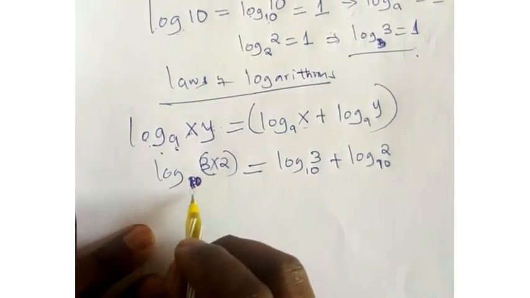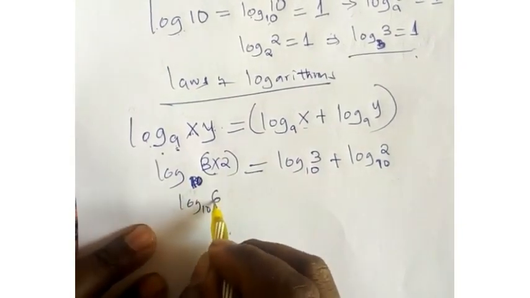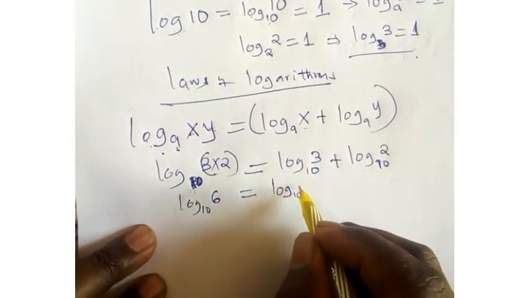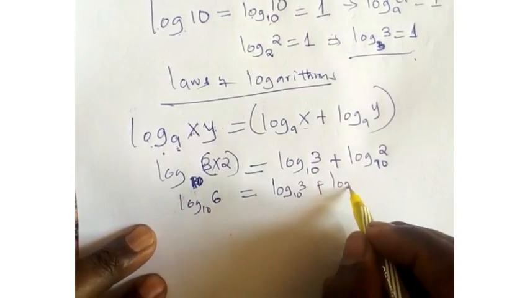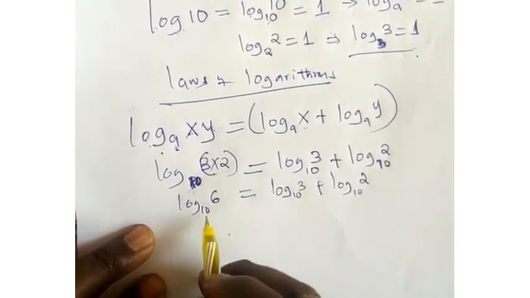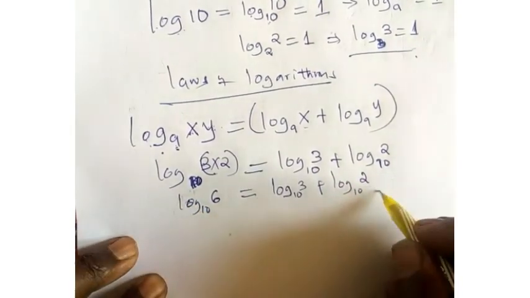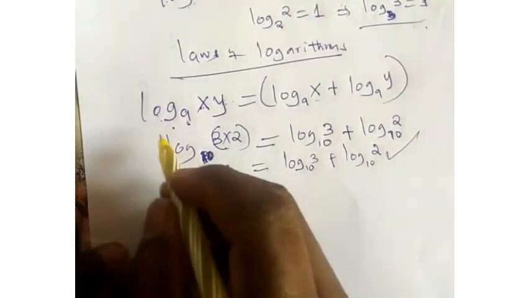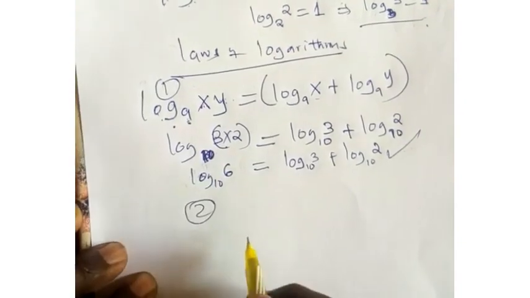Simply we know this one is the same as log to base 10 of 6, which is the same as log 10 of 3 plus log 10 of 2. When you use the calculator, it will show you that the answer is the same. That is rule 1.